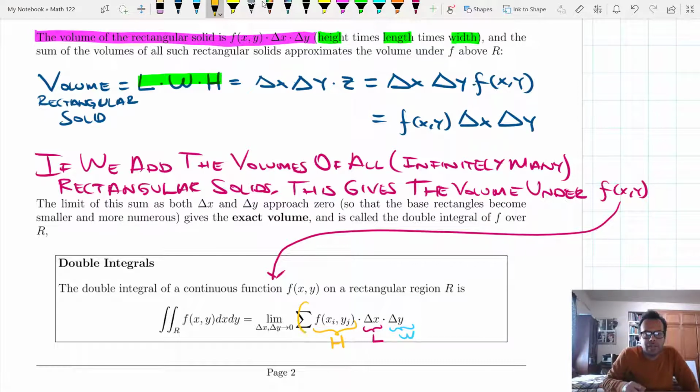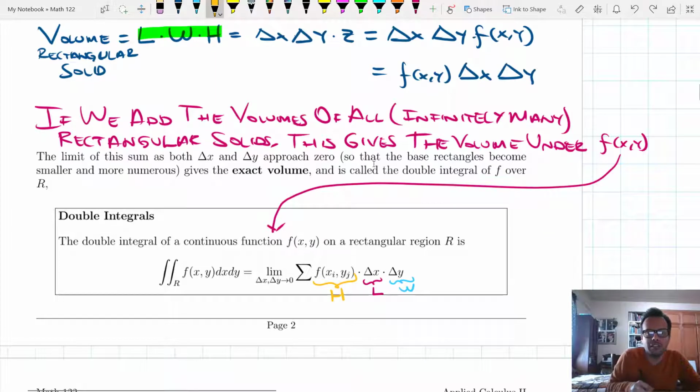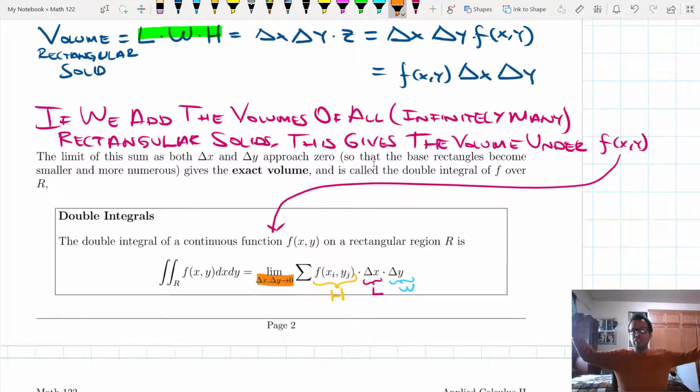And then we are going to add this. However, notice there's two ways to express this. The idea is to make this delta x and delta y go to 0. The smaller those deltas are, the better, because those deltas getting smaller and smaller gives rise to infinitely many.